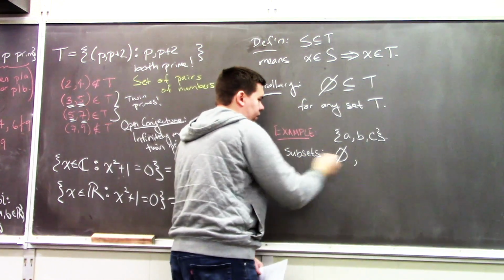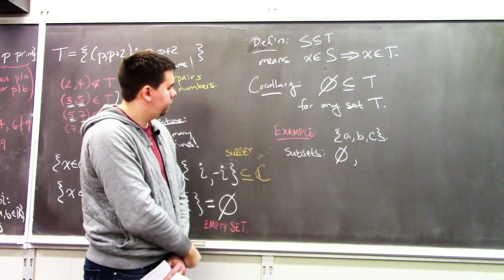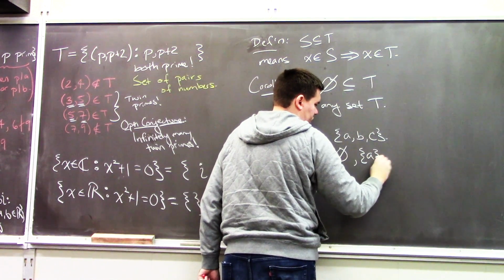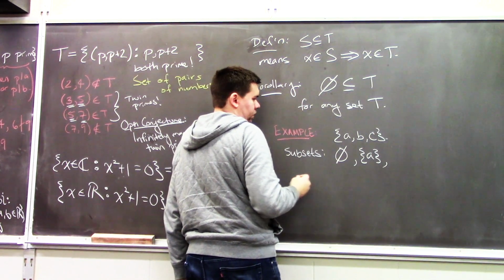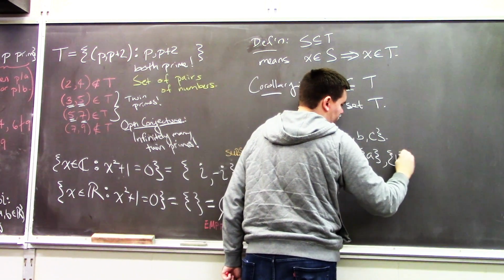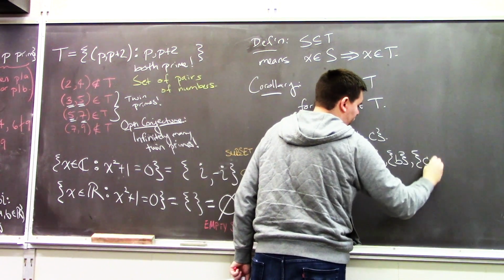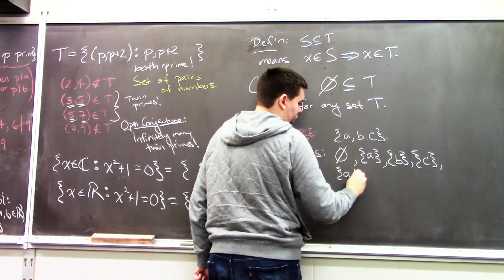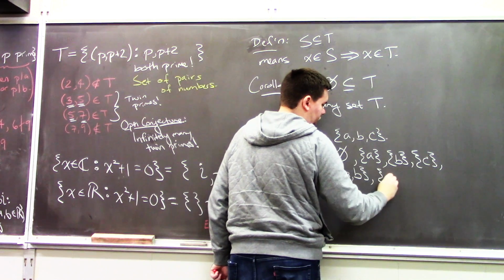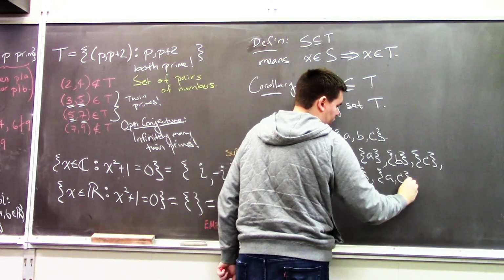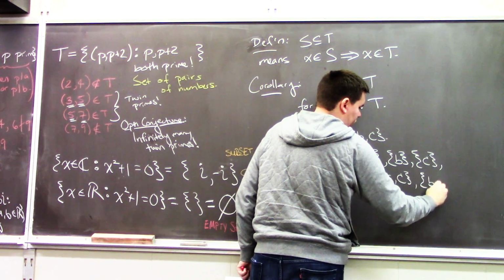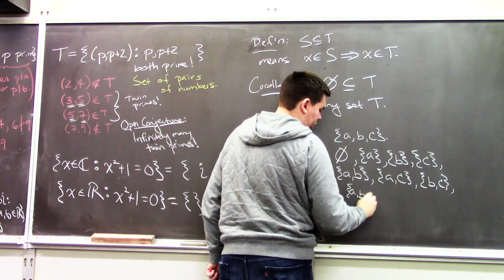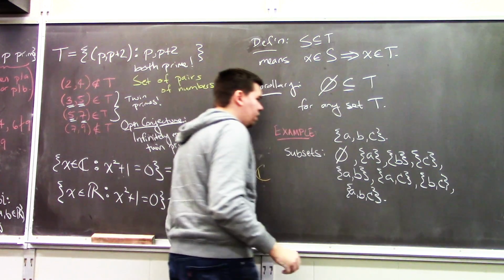What else could be a subset? Yeah, the set that just contains A, or the set that just contains B, or that just contains C, or maybe that contains a couple of them, like A and B, or A and C, or B and C, or all of them. A, B, C.